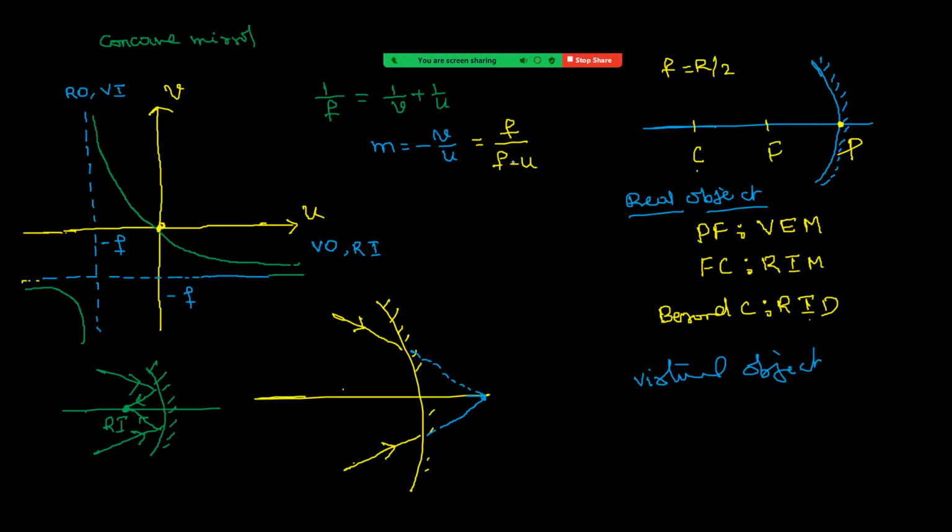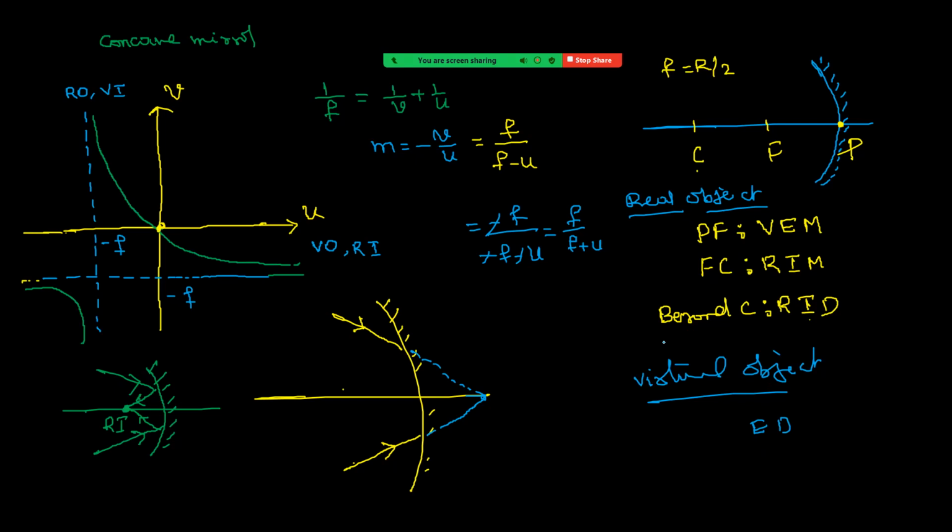Let me cross check once. So here m equals f by f minus u, f negative. I will write here minus f minus u, u positive, virtual object. Okay, minus, let's cancel. Total is now f by f plus u. This is less than 1, meaning diminished image. That is positive, so erect image, less than 1, diminished.